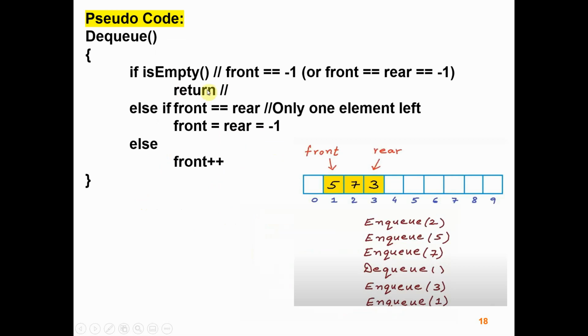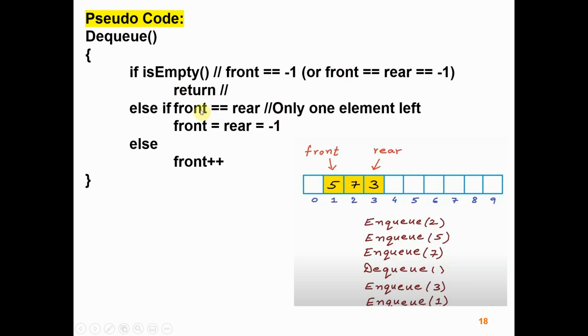For the dequeue part, we have to make sure that the array is not empty. How can we know if the array is empty? We initialized both front and rear index to -1. If that's the case, we can't dequeue, so we either return or throw an exception.